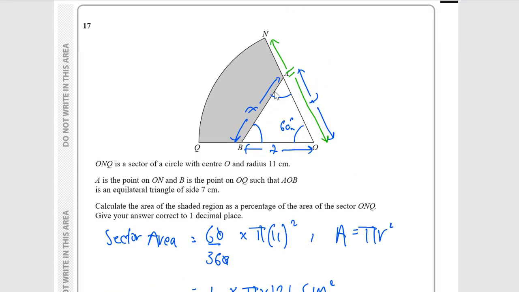So again, let's just go through that. We know that this is an equilateral triangle with the sides equating to 7. So we have angles equating to 60. We know that this is 11. Our job is to find the area of the shaded region.